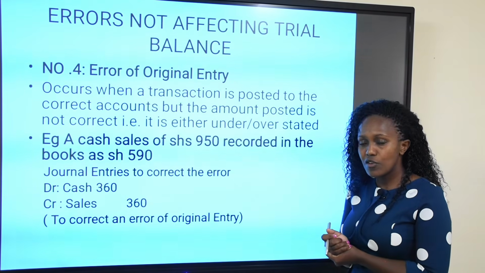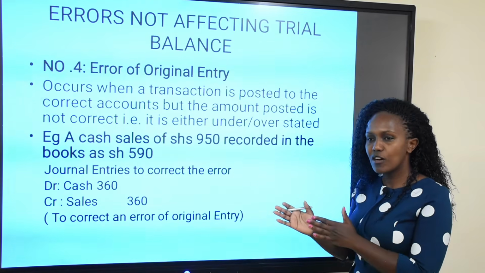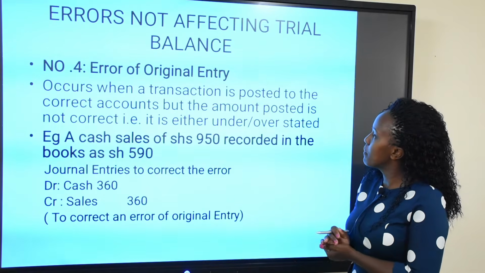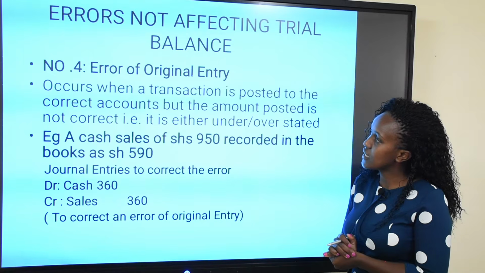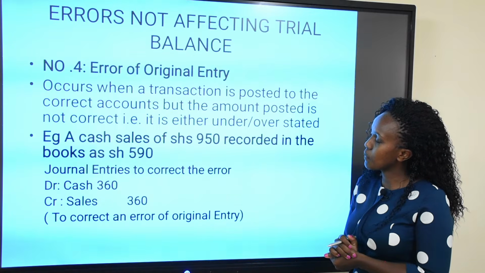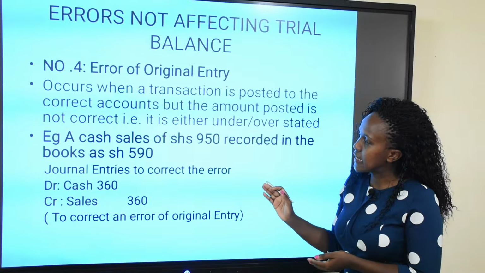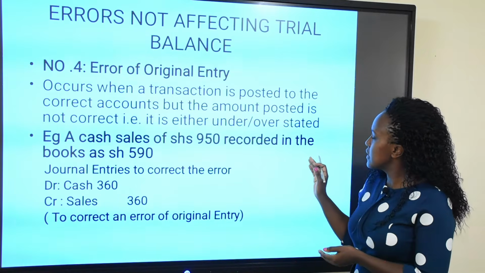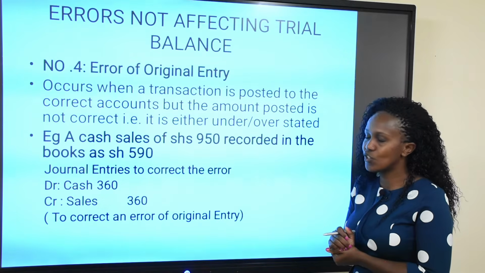So here the account to be debited is debited, the account to be credited is credited, but the amounts posted are not correct. So for example, a cash sale of shillings 950 recorded in the books as 590. This is an error of original entry.